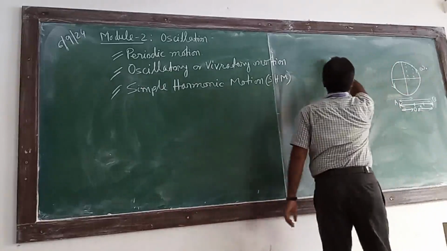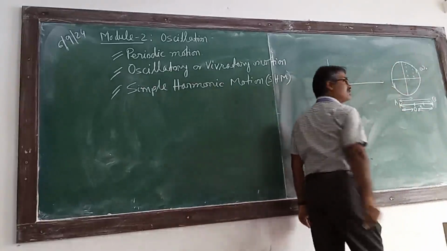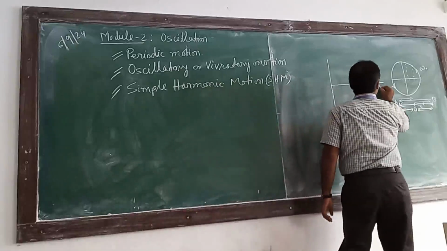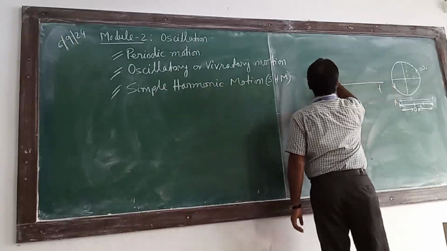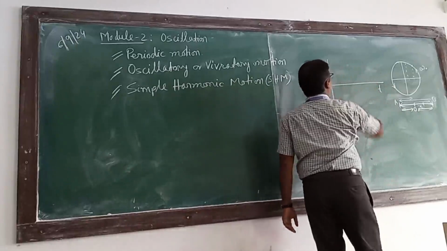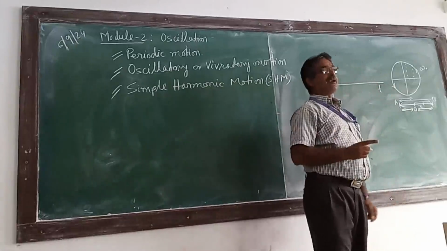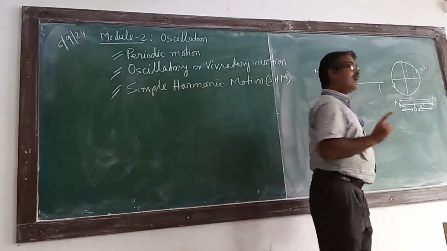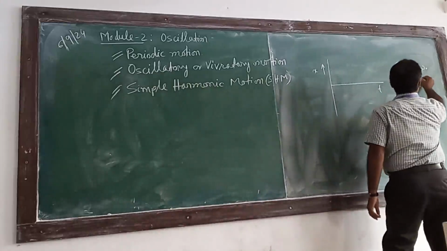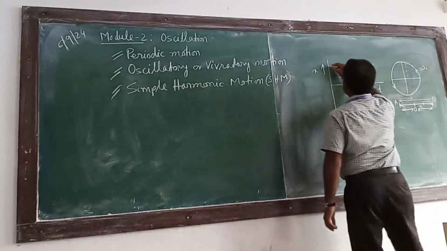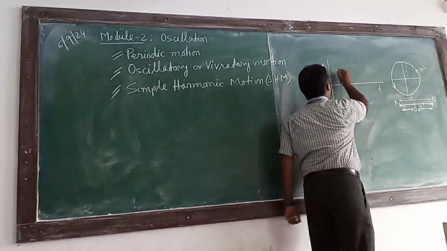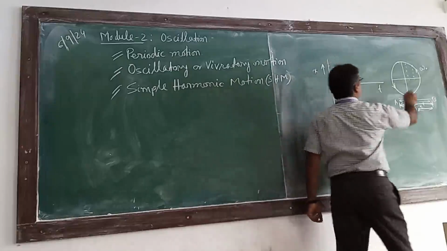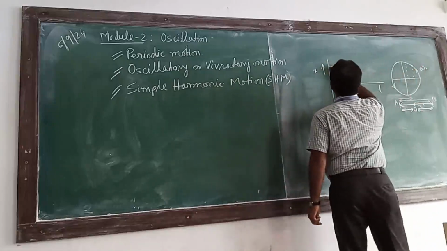So if we draw the graph like this, this is the time and this is the displacement of the foot of the particle, not the particle. So at the time 0, it starts from here. When the particle is here, then the displacement decreases.